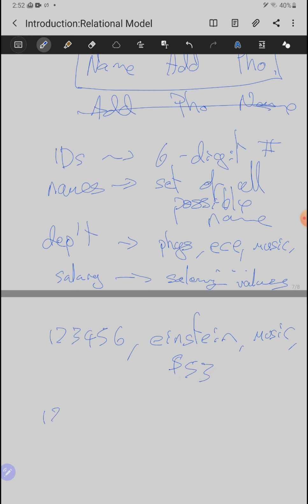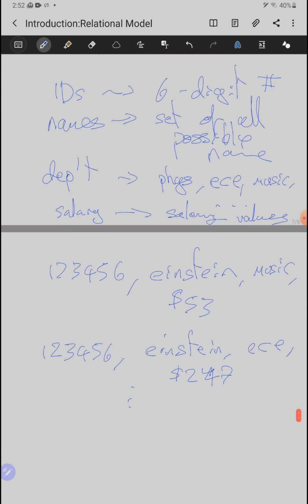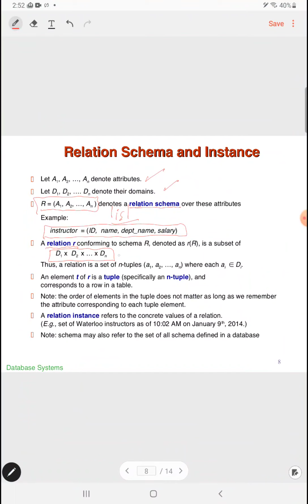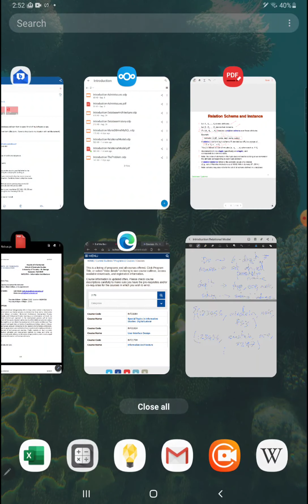And another one is 1, 2, 3, 4, 5, 6, Einstein and ECE and $247, etc. And the reason you will have all of these possibilities is because what we have is the cross product. Now, the relation is going to be a subset of that.